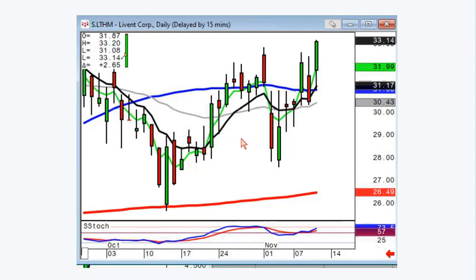Now, the reason I point that out is because the T-line acts like a natural support and resistance level of human nature. And the reason we know it acts like a natural support and resistance level of human nature is because nobody has the T-line on their charts.